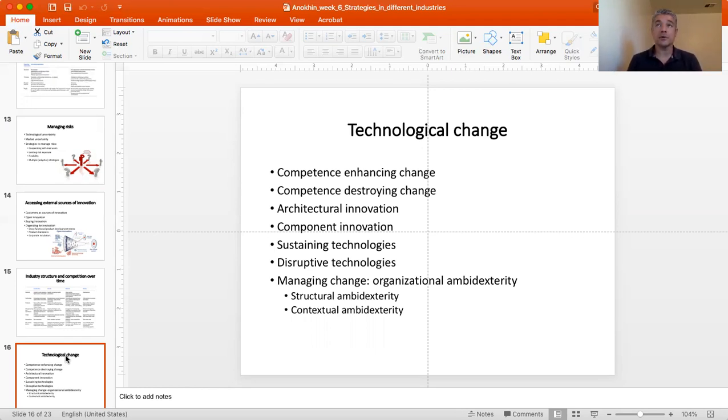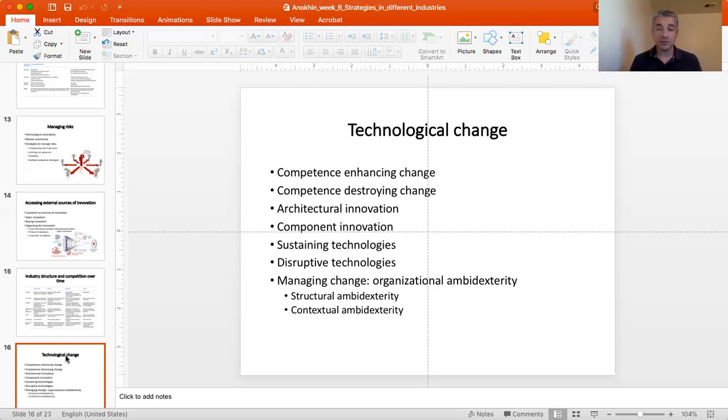And to manage change, you need to develop organizational ambidexterity. So you have to be able to both exploit what you have in the best possible way and explore new opportunities, new markets, new technologies, right?